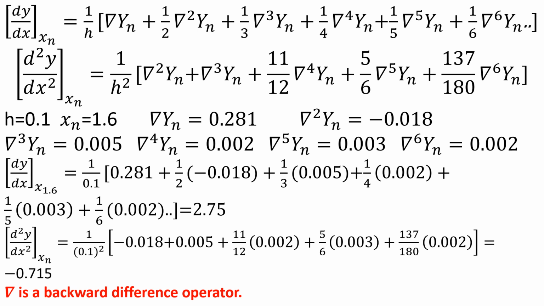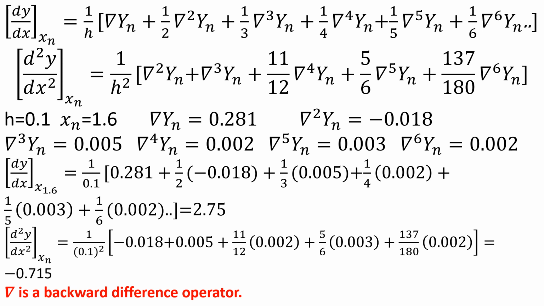h is equal to 0.1, as already said, and xn is equal to 1.6. If you see the jump from 1 to 1.1, then 1.2, then 1.3, the value of h is basically 0.1, because the jump is only 0.1.